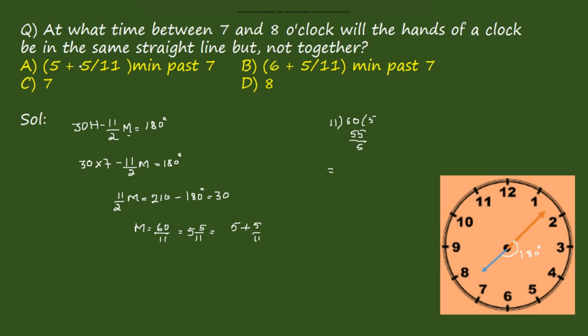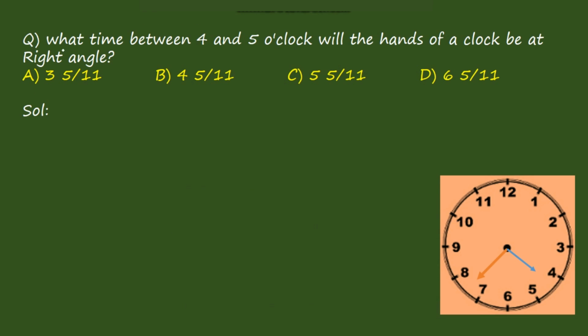So the option is E: 5 plus 5 by 11 minutes past 7. After 7, at 5 plus 5 by 11 minutes they will be forming a straight line. Coming to the next question: what time between 4 and 5 o'clock will the hands of the clock be at right angle?